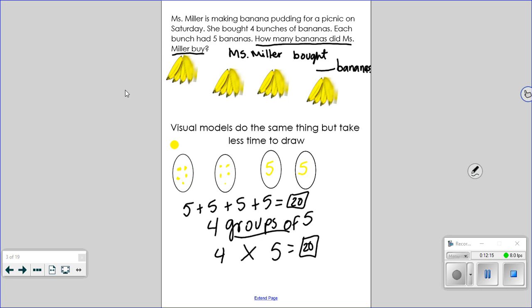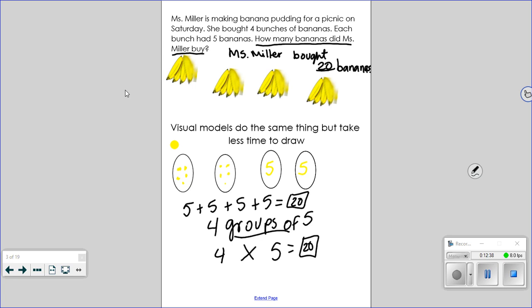How many bananas did I actually buy? 20. Fill in our answer. Miss Miller bought 20 bananas.